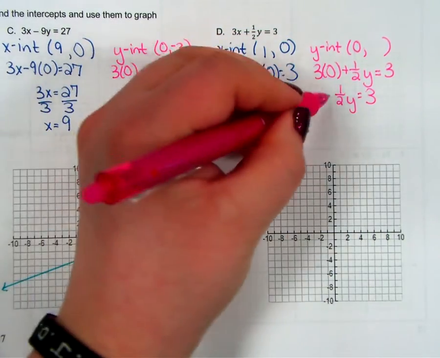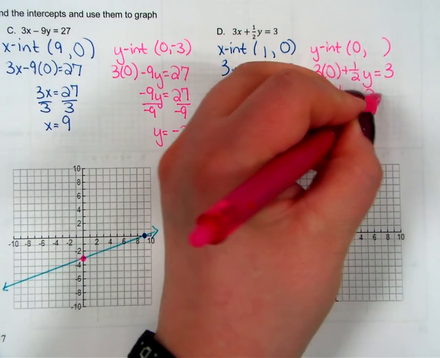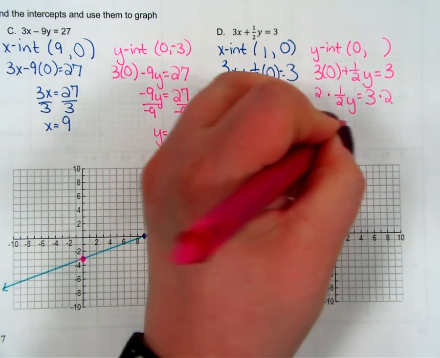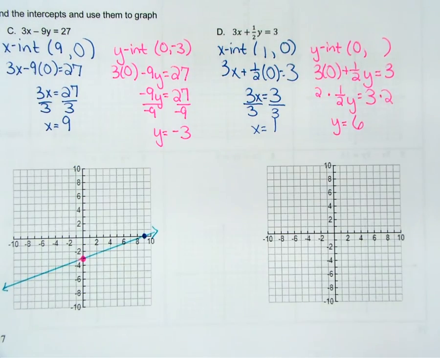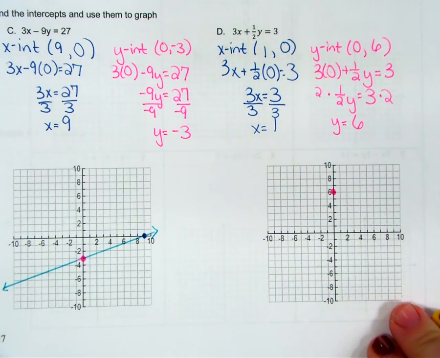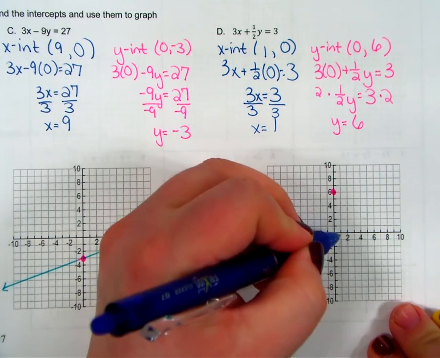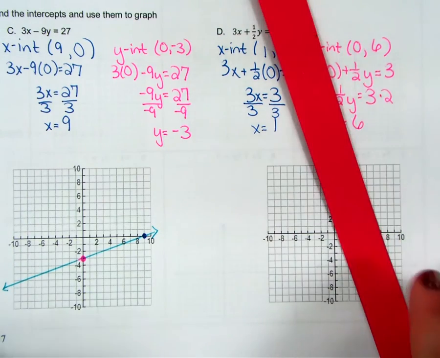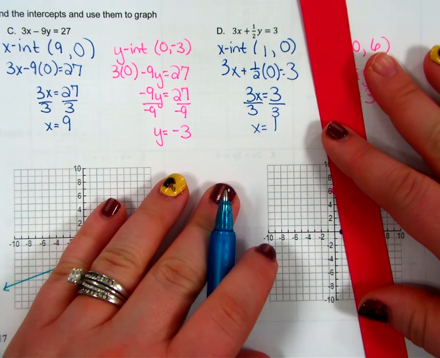So I'm going to multiply by 2 on both sides to get rid of that fraction. I have y equals 6. So my y-intercept must be 0, 6. 0, 6, plot the point. 1, 0, plot the point. And then connect those dots with a straight line using a straight edge.